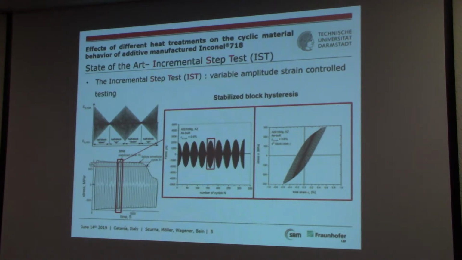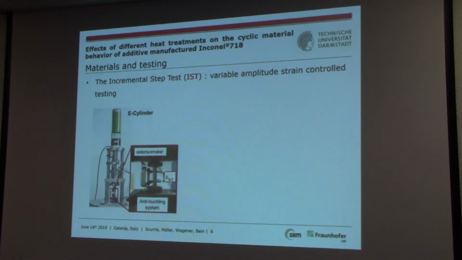We did the same for our material. We performed the tests on the E-cylinder, which is a test rig developed at the Fraunhofer LBF in Darmstadt. The specimen is clamped between the clamping systems and then subjected to the strain field previously described. The local strain is measured by means of an extensometer.